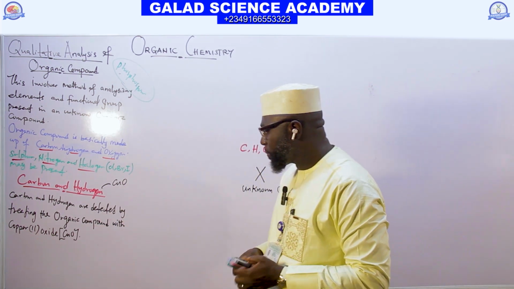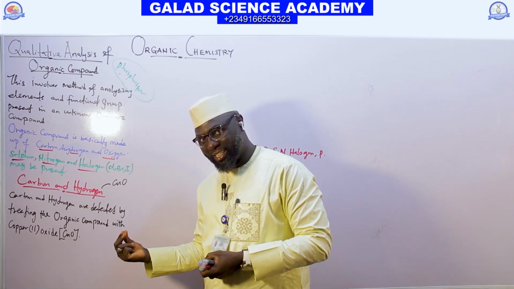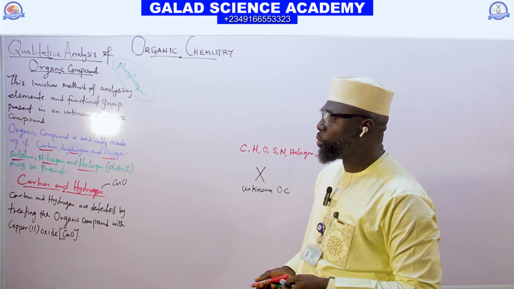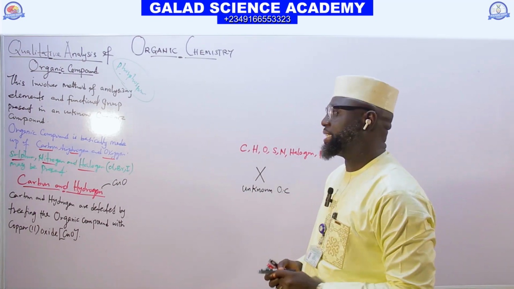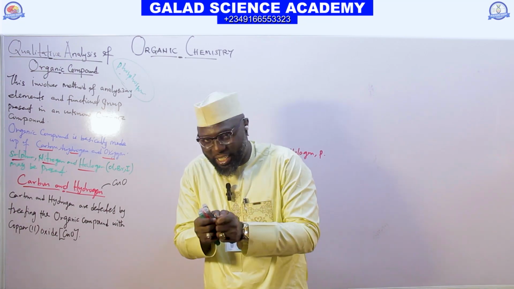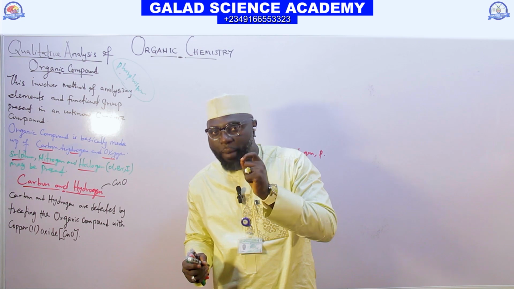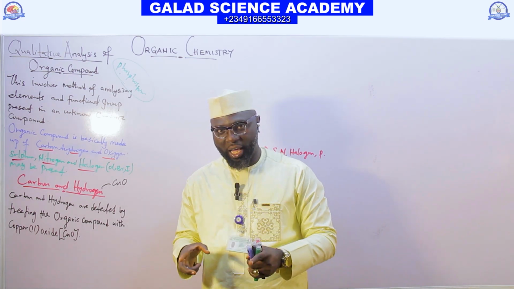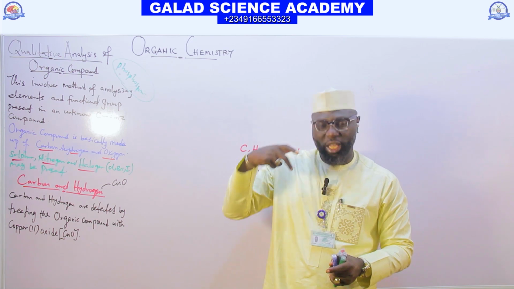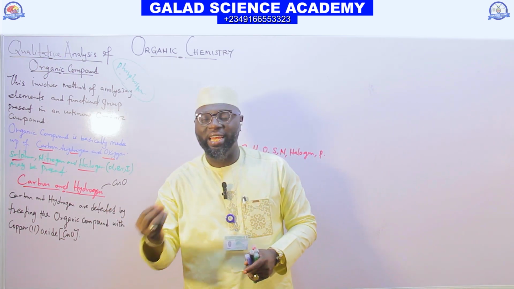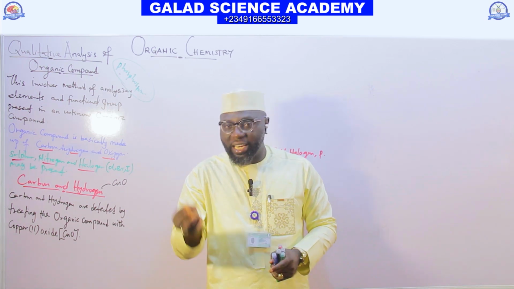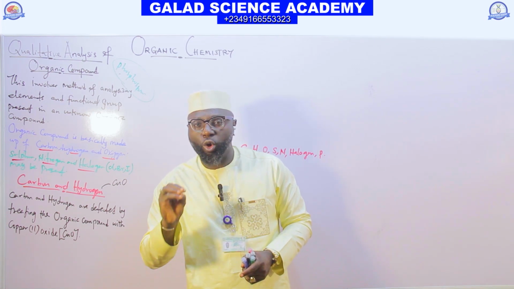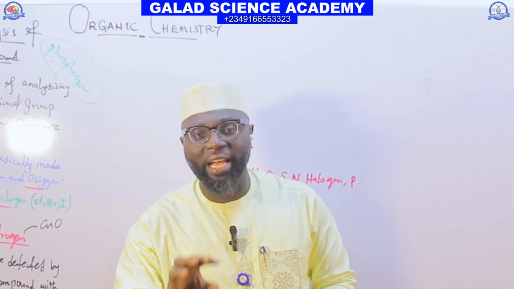So when the copper 2 oxide is being treated, or heated, with the organic compound, the carbon present in the organic compound will oxidize to form carbon 4 oxide, and the hydrogen present there will oxidize to form water.